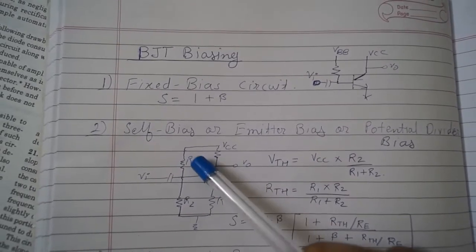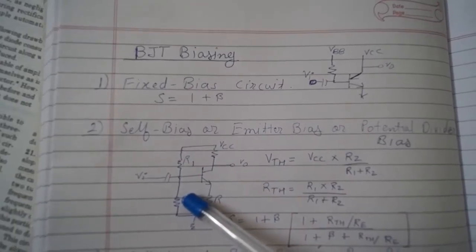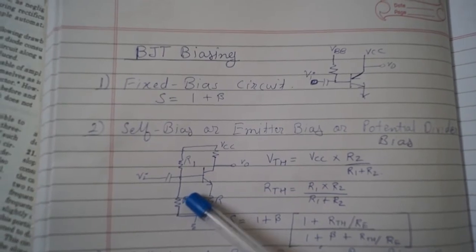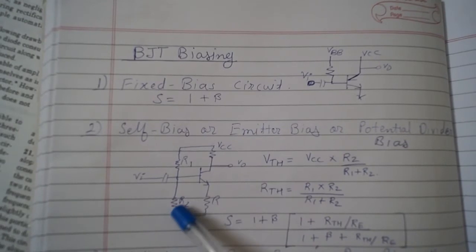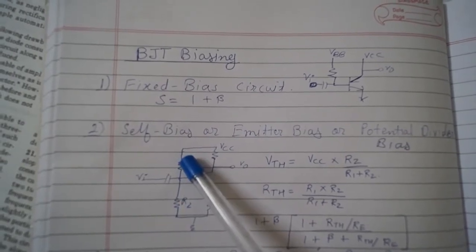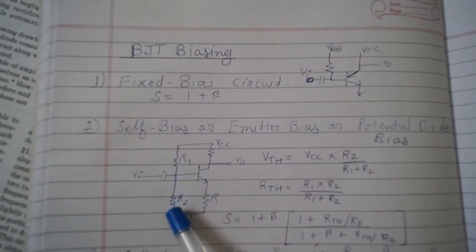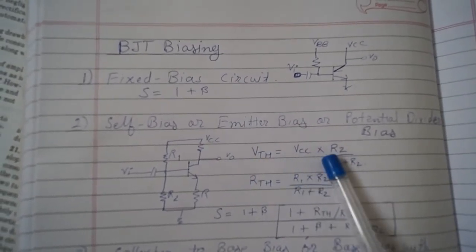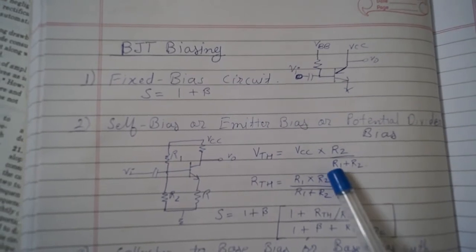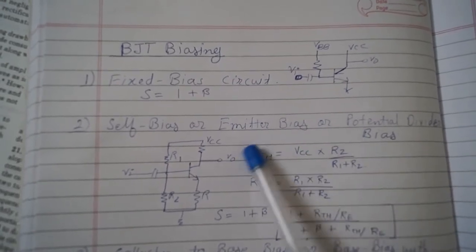So R1 and R2 make a voltage divider circuit. This network can be simplified by using the Thevenin voltage source. So VTH equals VCC times R2 divided by R1 plus R2, which is our voltage divider equation.